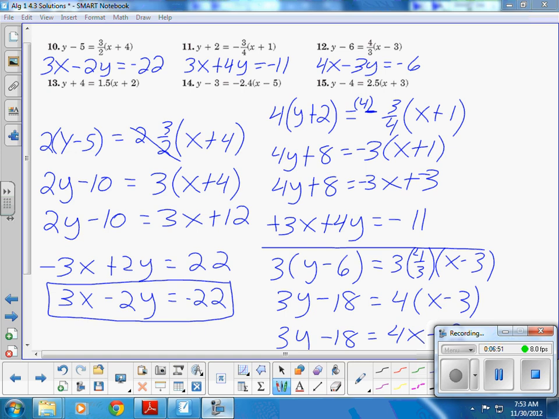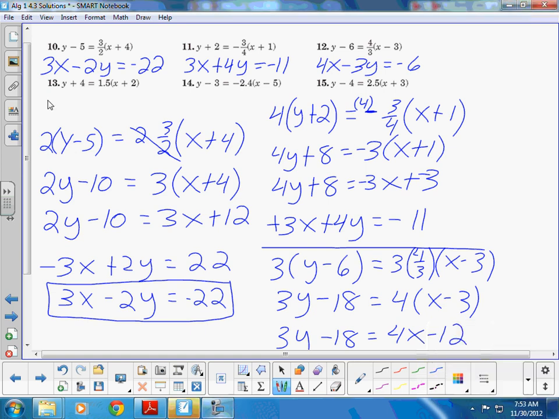And then number 15, same process. So to save some time here, I'm going to write the answers down for number 13, and that is 3x minus 2y equals 2. That is for number 13.